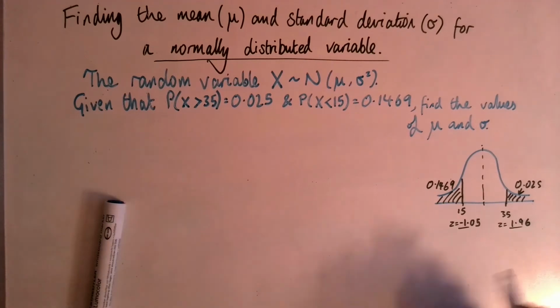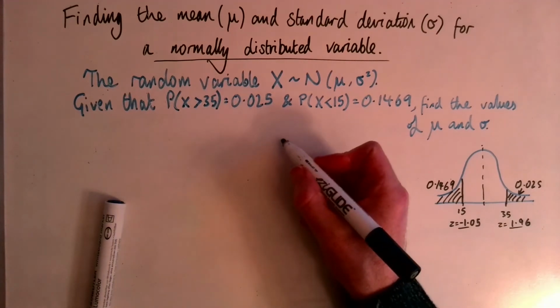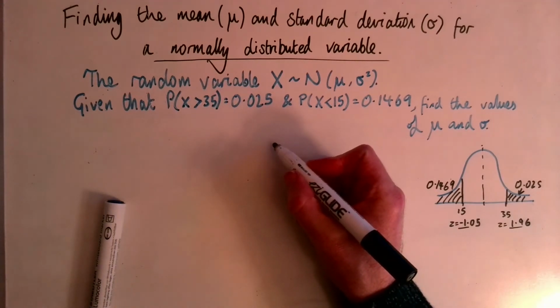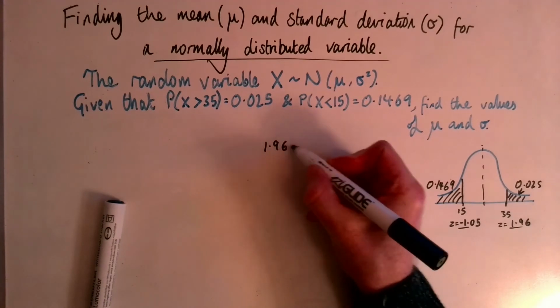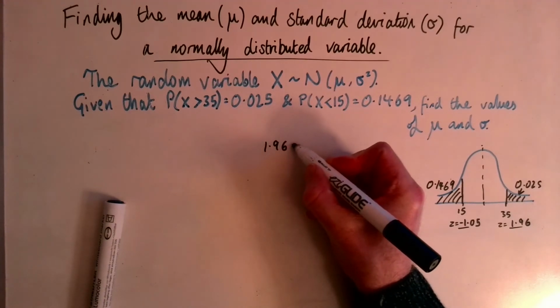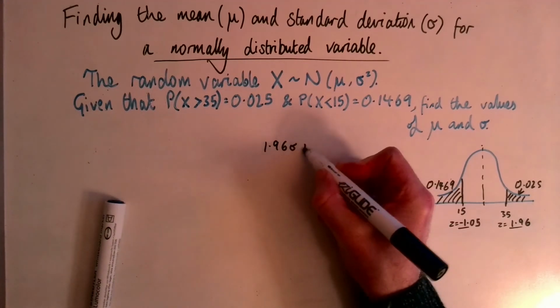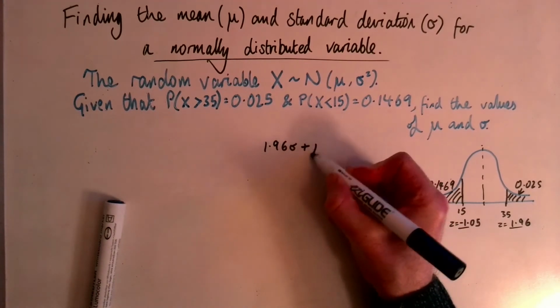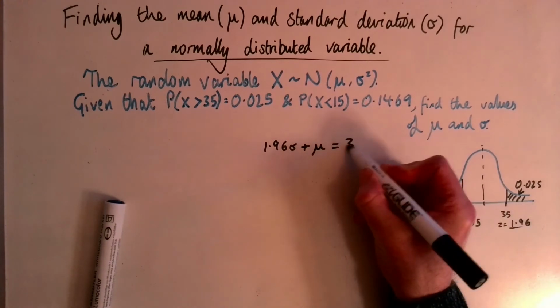So now let's set that up. We can say that if you added 1.96 standard deviations to the mean, we would get 35.